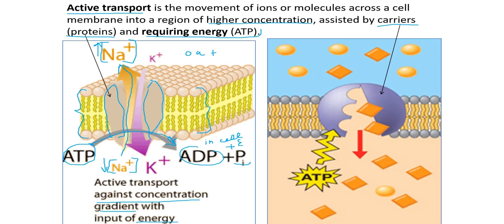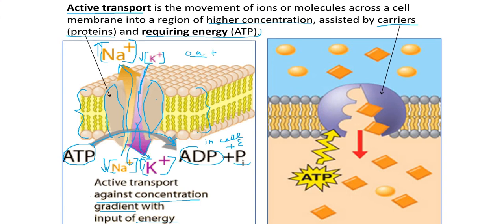Same with potassium. The concentration of potassium is low outside of the cell, and the concentration of potassium is high inside of the cell. But this sodium-potassium pump, as it's called, this transmembrane protein, will use ATP molecules and move potassium from the area of low concentration, outside of the cell, inside of the cell, where there's already a high concentration of potassium.